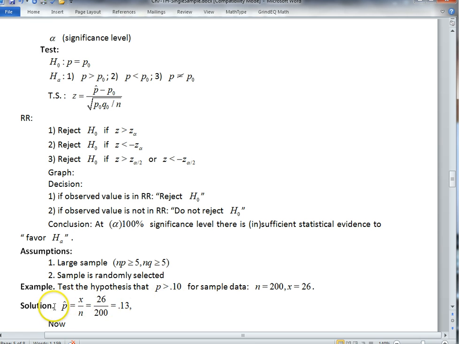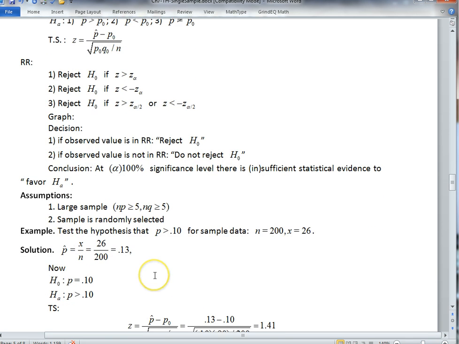So we first estimate p hat, which is x over n, and turns out to be 13%. So in my sample, 13% express preference for this brand. I want to know whether in the whole population of the hundreds of thousands who buy my product, P would be more than 10%.